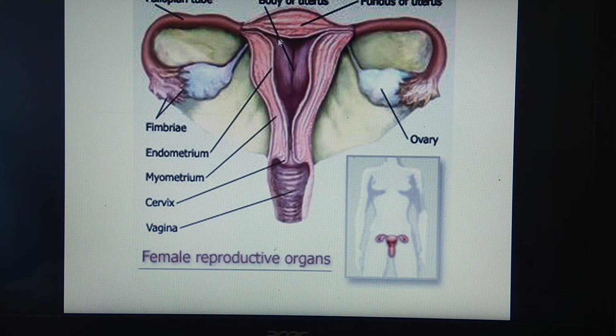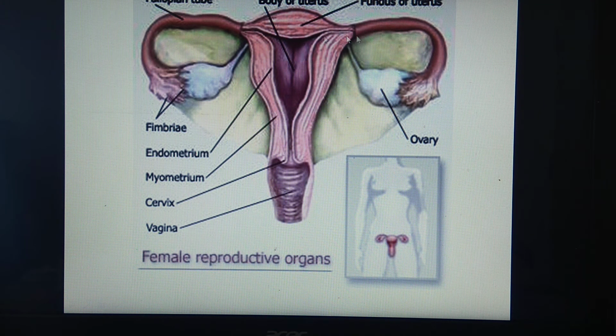Then about the structural details of the uterus: the outer layer is called the perimetrium, the middle is the myometrium, and the inner one is called the endometrium. The function of the myometrium is to show strong contraction and relaxation during labor or parturition, and the endometrium consists of stratified epithelium and mucosal membrane, and it is richly supplied with blood vessels. It undergoes cyclic changes in females during the menstrual cycle. Okay, so this is about the uterus, the second part.